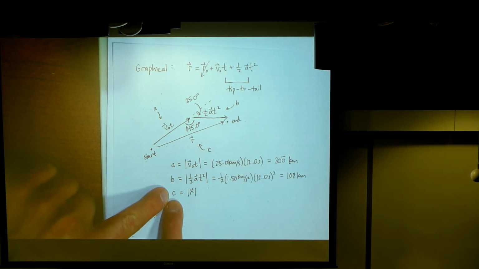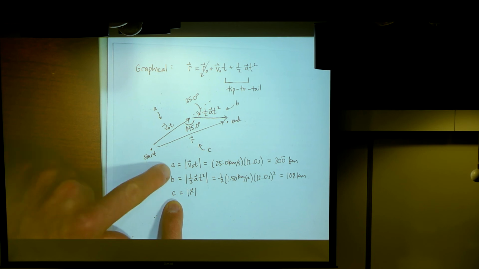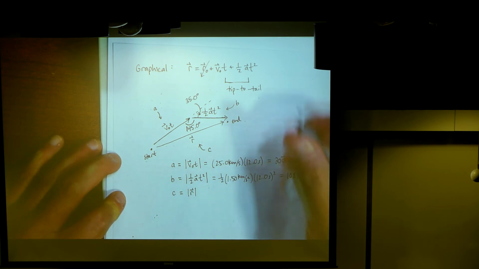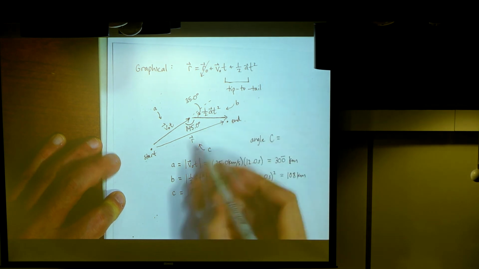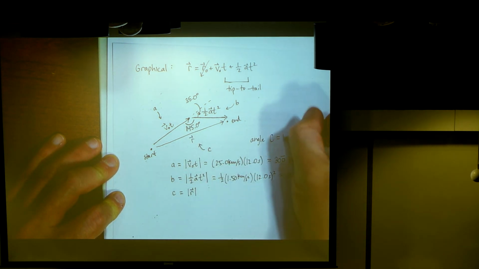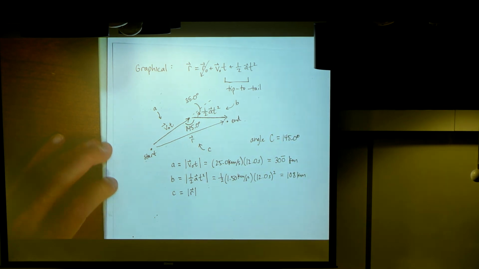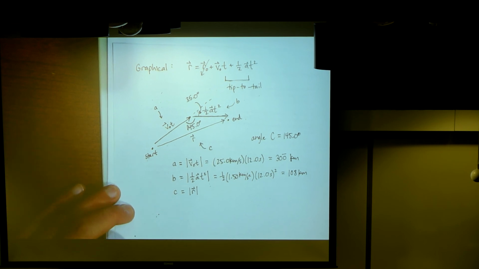That means we want to know side C, right? So if I know side A, I know side B, and I actually know angle C, so that's big C, that's 145, which one of those facts about geometry can I use here? Law of cosines. So we're going to pull out the law of cosines to solve the problem.